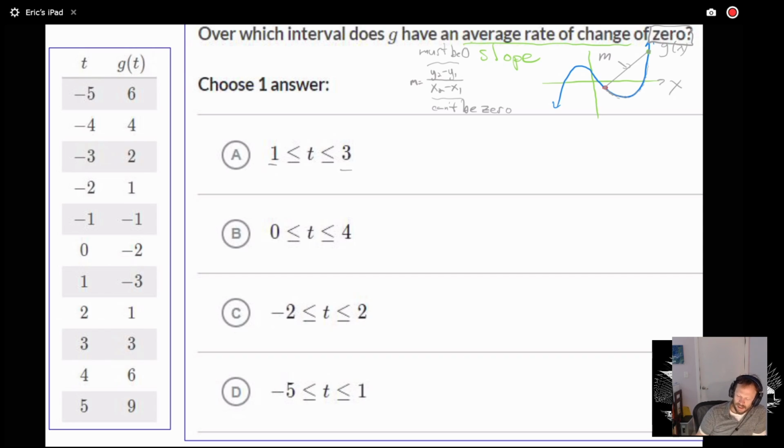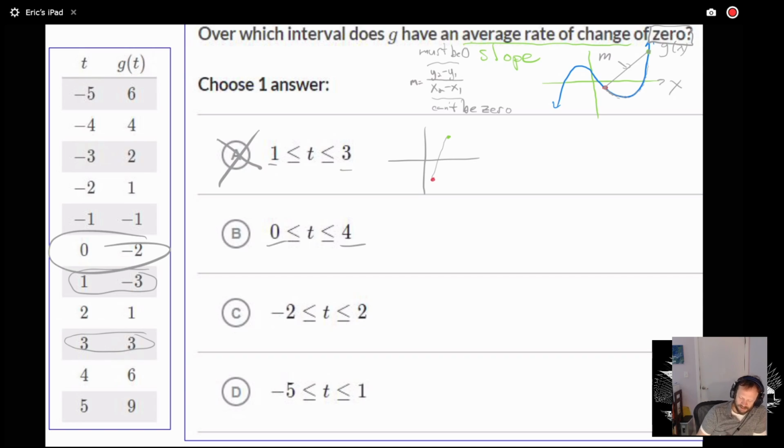And so when I look at 1 to 3, I see that in this case my function at 1 is at -3, and at 3 is at 3, and so I have a clearly positive slope. So that is not a slope of 0. And now I consider B, where I have a range from 0 to 4.